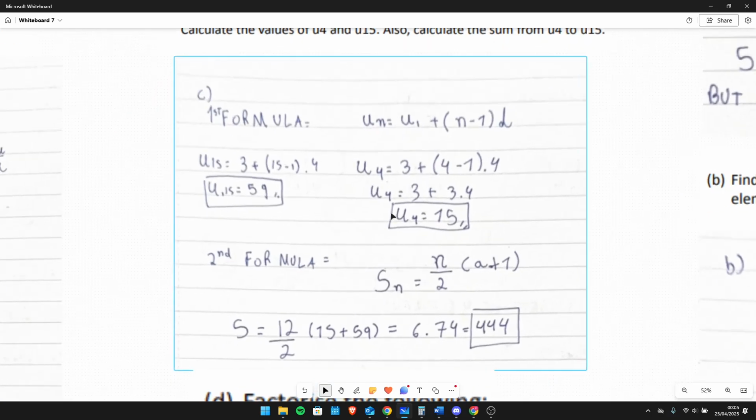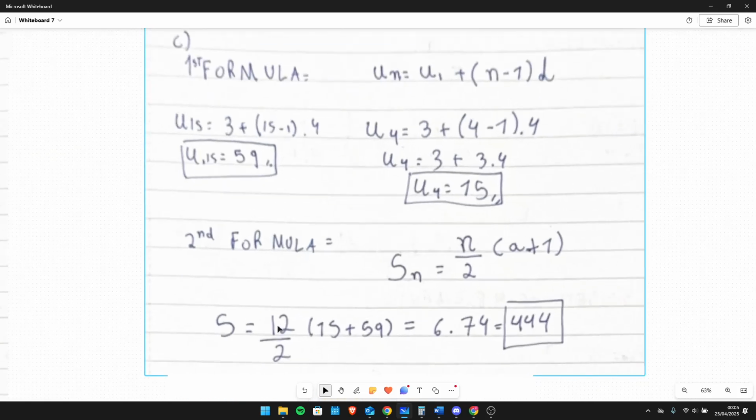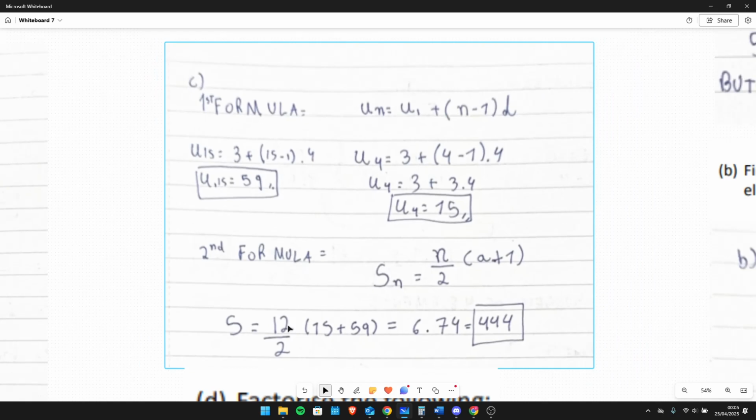Yeah, you take both values and you add them here, and then n would be the total number of items. So if I want to make the sum from U4, which is the fourth item, to U15, which is the 15th, I only have 12 items there.